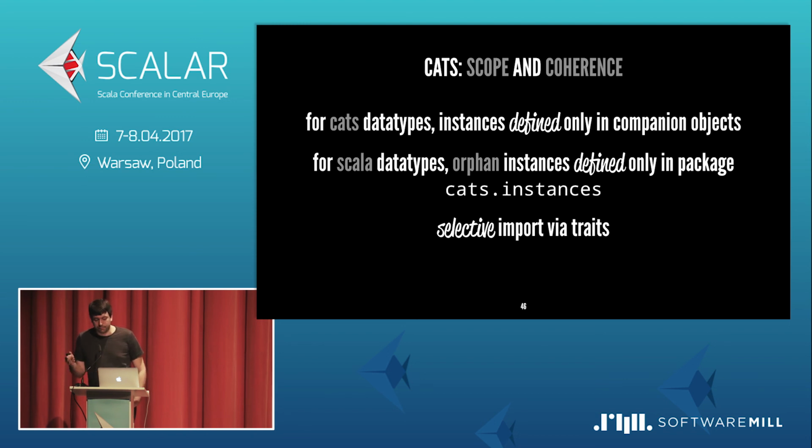And so what cats ends up doing is grouping all of the orphan instances, the ones that are not defined in either, in a certain package called cats instances. And this, again, helps with looking for them. And again, we have support for selective import via traits.